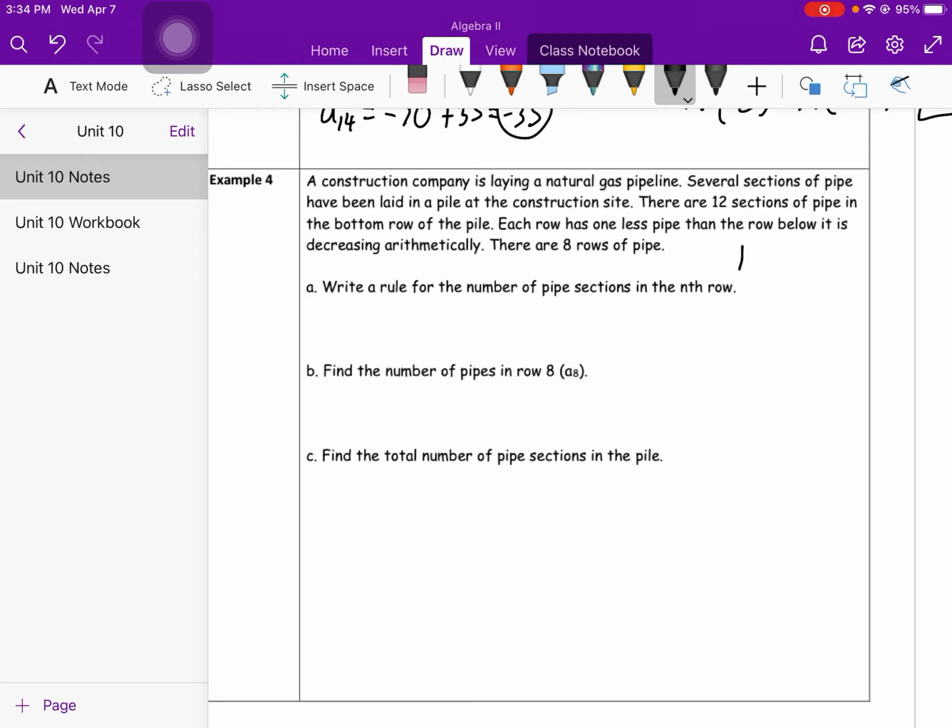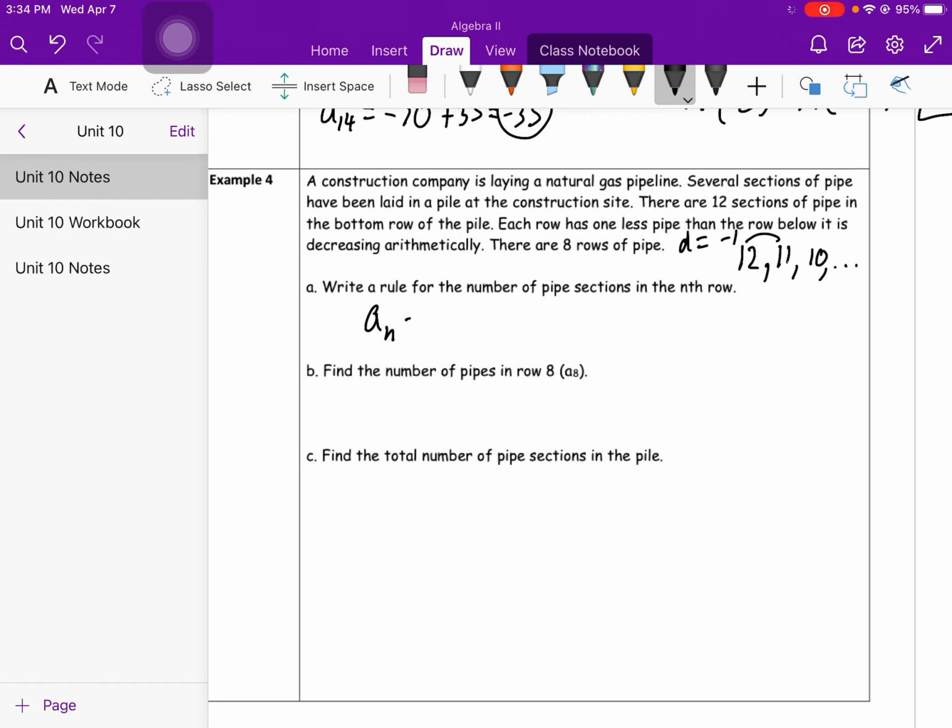Whenever you have a problem like this, you might want to start out just thinking about the pattern. So it says there are 12 sections of pipe in the bottom row. So that's our very first one. And then it's going down by one less each row. So then it would be 11, 10, and you kind of get the idea. So we're going down by 1 each time. So our common difference is going to be negative 1. So we want to write a rule for the number of pipe sections in the nth row.